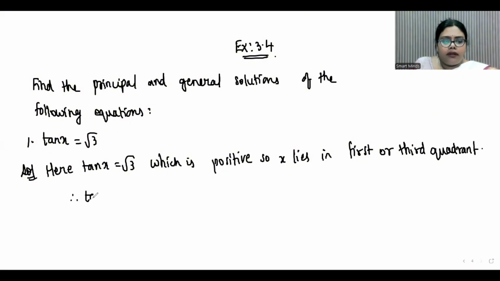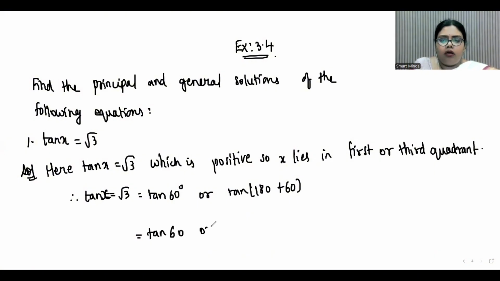Therefore, tan x equals root 3. Now tell me, at what angle is tan theta root 3? It is at tan 60 degrees or tan 180 plus 60 degrees. So that is tan 60 or tan 240.